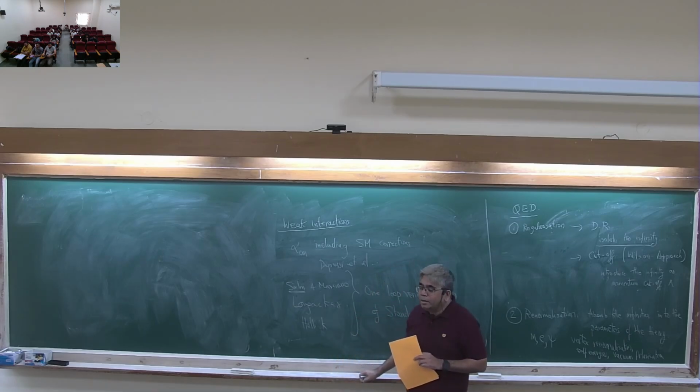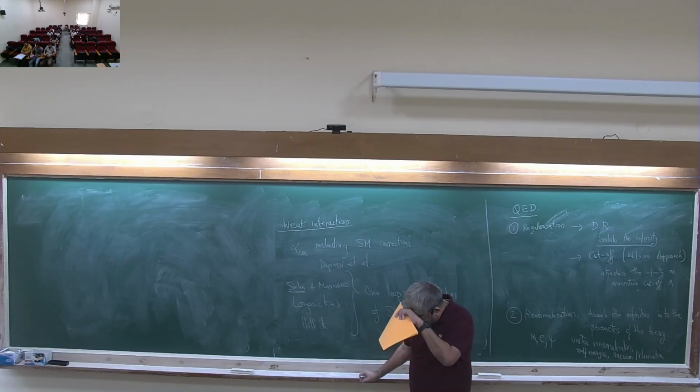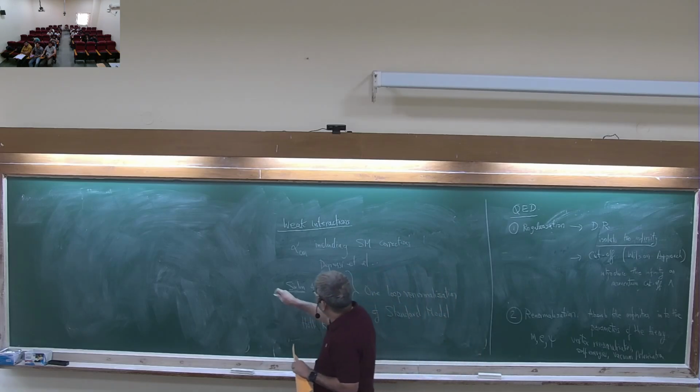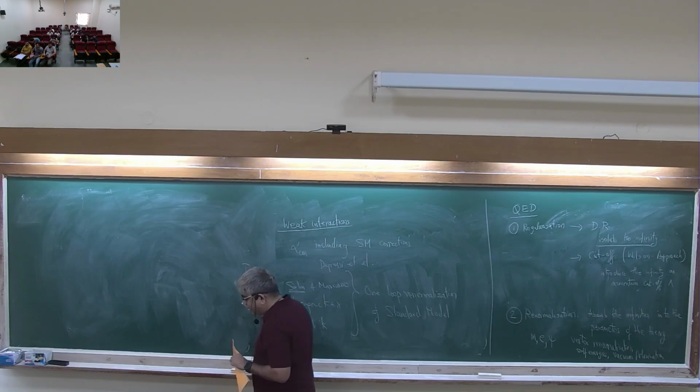I'm just missing his name. He was at Cornell. His main aim in life is to compute the QED corrections at higher and higher loops for g minus 2 of the electron. What is his name? His name starts with T.